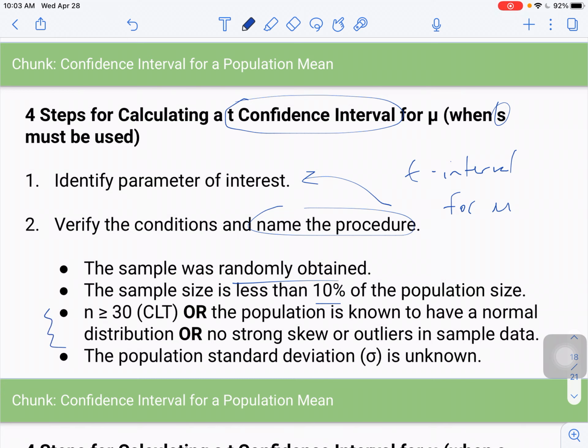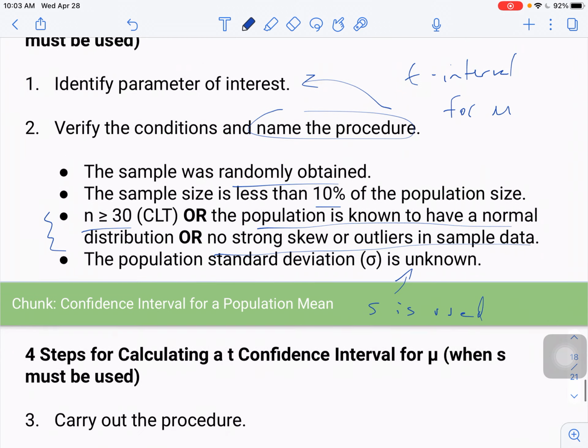Again, this is that large sample normal condition. So either n is greater than or equal to 30 by the central limit theorem, population is known to be normal, or no strong skew or outliers. So usually that's done by just graphing the data using either a box plot or a dot plot. And then the population standard deviation sigma is unknown. So in this case, remember this is when you're using S. So if you know S from that sample, you're going to be using this T interval.